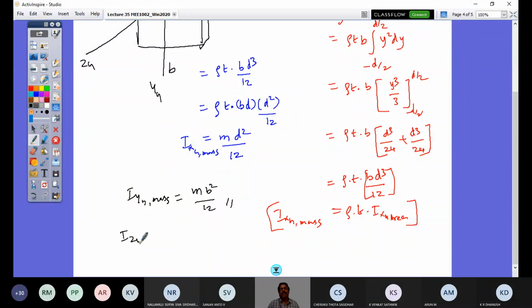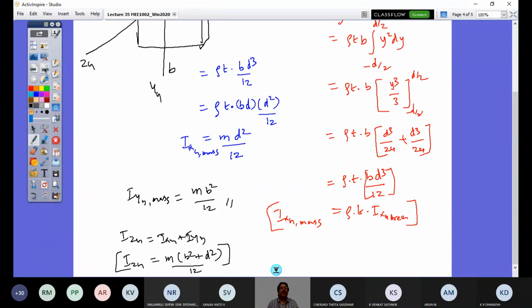If I have to get Izg, then it is Ixg plus Iyg, and that's going to be m into b squared plus d squared by 12. What is the meaning of Izg? If I have my rectangular plate rotating about its central axis, then I would have the formula m into (b squared plus d squared) by 12.